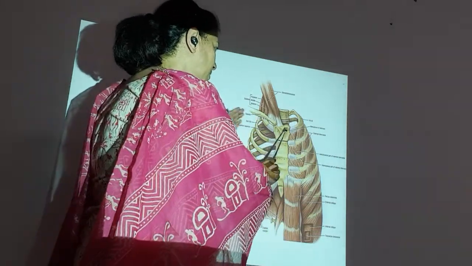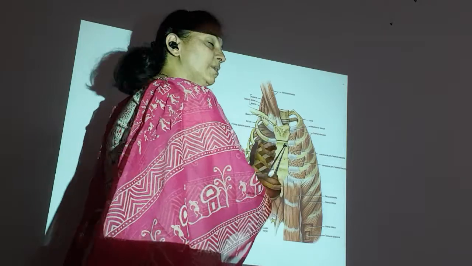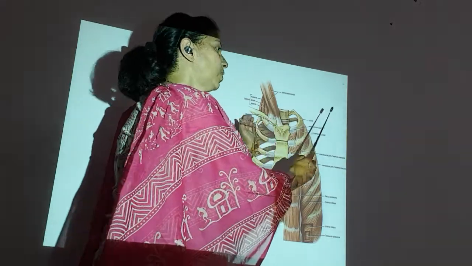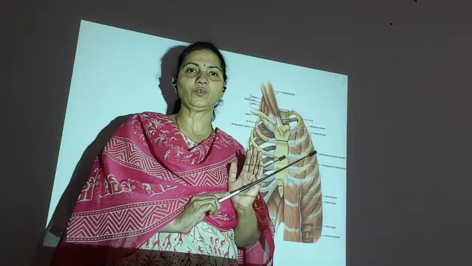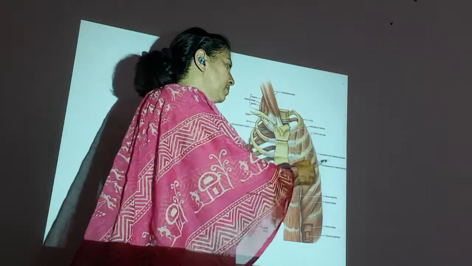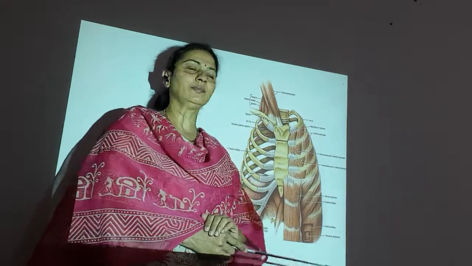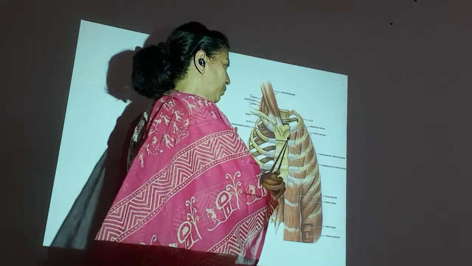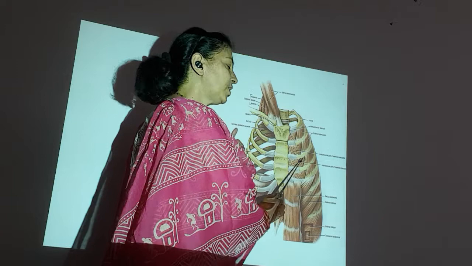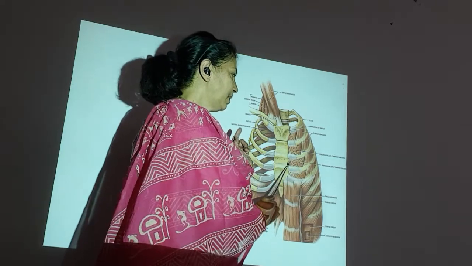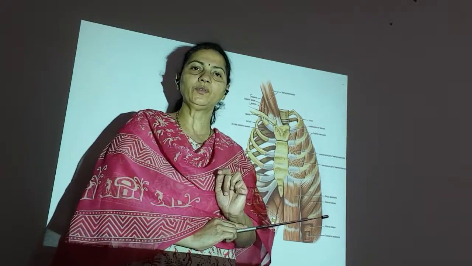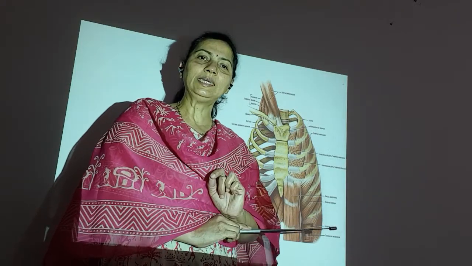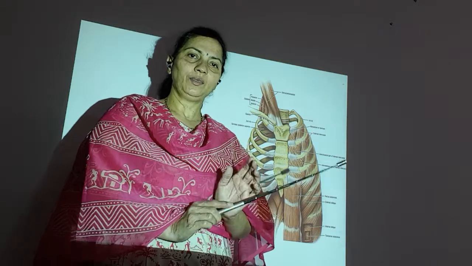So from behind, that means the thoracic vertebrae, it is going to cover the whole of the back of the intercostal space, the lateral side of the intercostal space, and the anterior intercostal space up to some distance from sternum. And this area is going to be covered by its aponeurosis, which is called anterior intercostal membrane. So you are clear about external intercostal muscle?